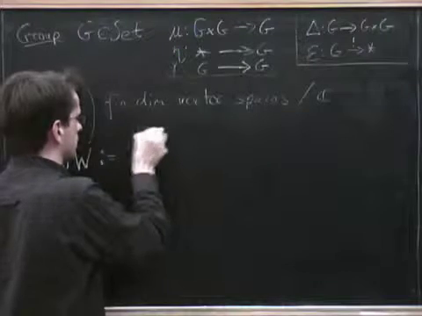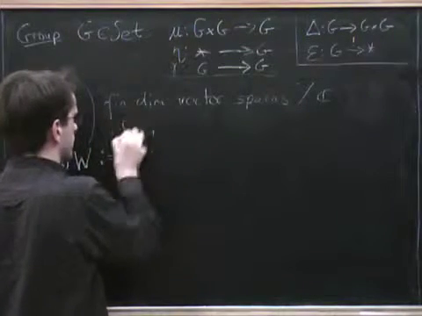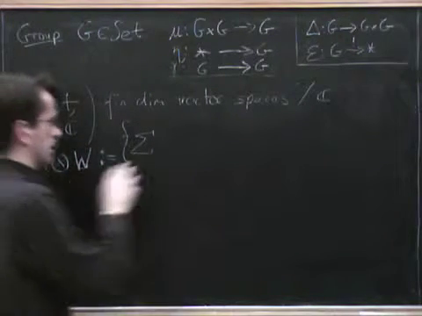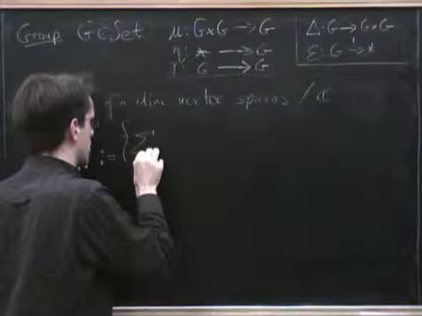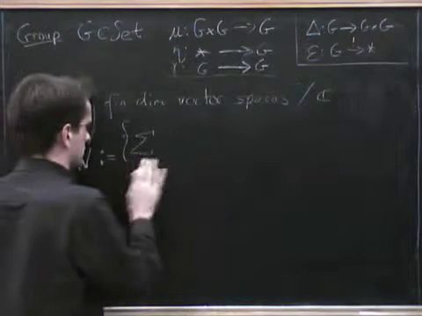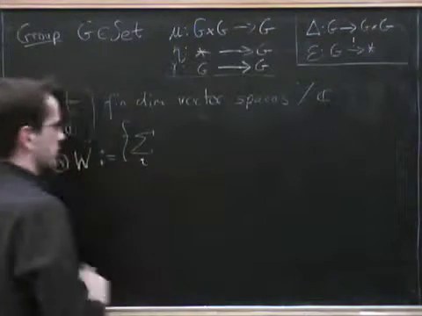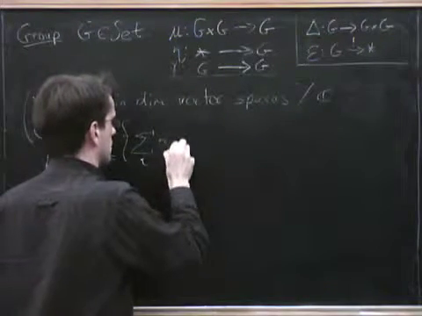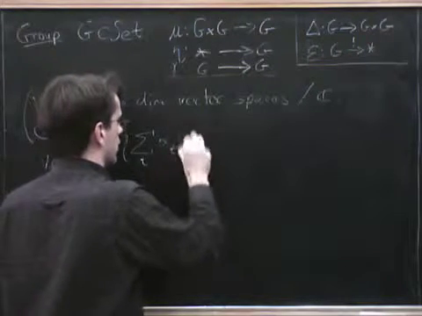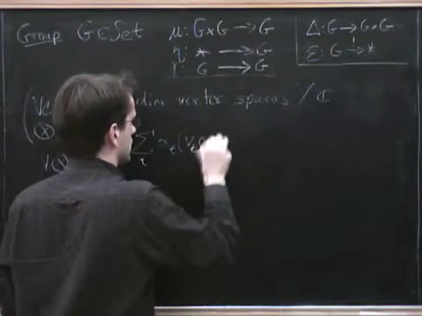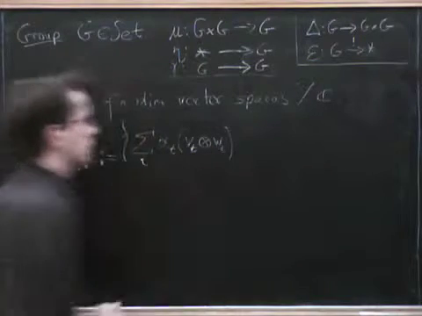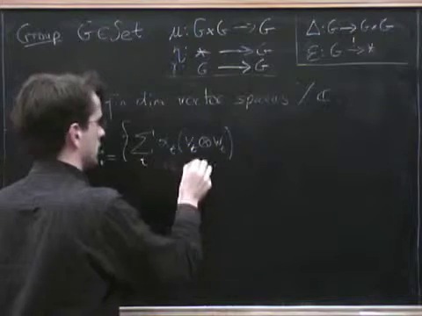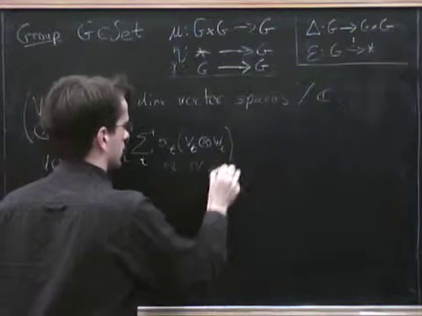We take all formal linear combinations of a vector in V tensored together with a vector in W. So we're going to take some finite summation of some linear multiple, that's just a scalar, of v_t tensor w_t. That's just a symbol, something in V and something in W, and just a scalar. So that's in C, that's in V, that's in W.